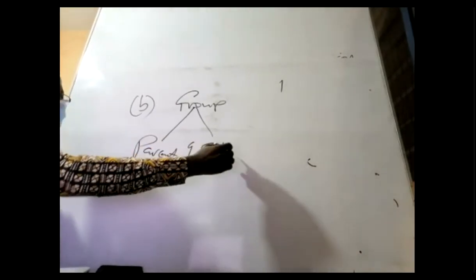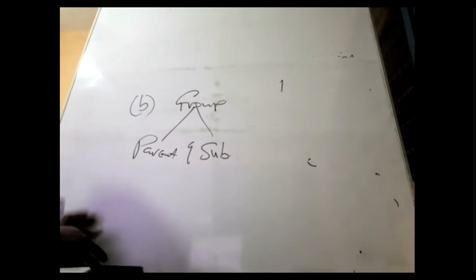So group consists of parent and subsidiary, made up of parent and subsidiary. The subsidiaries can be many. That is all.